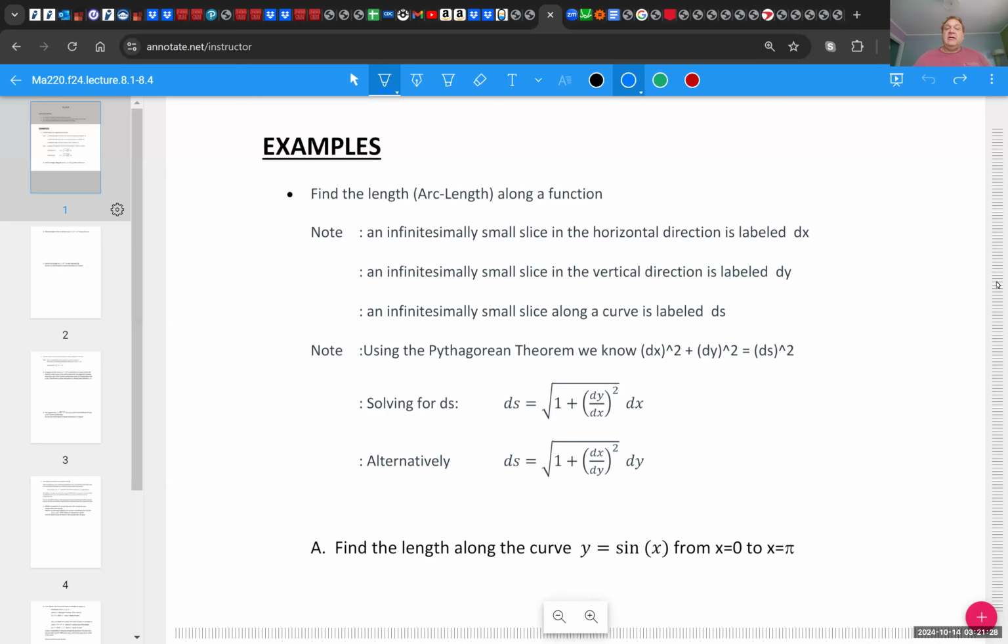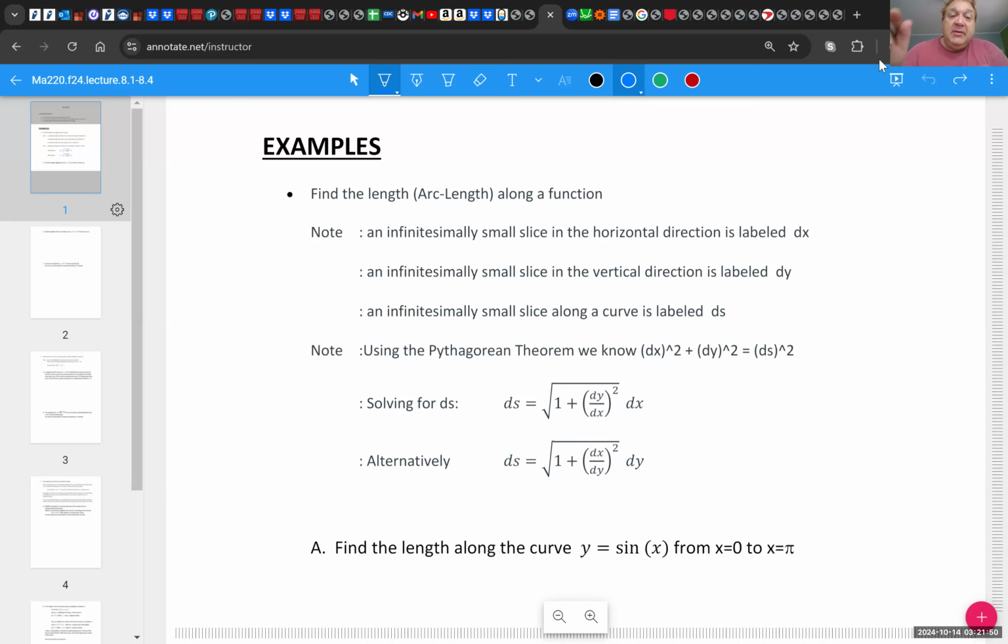It's actually a very basic idea, but it's the most powerful idea because we can take any kind of weird signal and just write it as a polynomial. It may be very difficult to integrate strange functions, but it's very easy to integrate polynomials. All right, enough distractions. Let me get into the examples on length along a function, aka arc length.